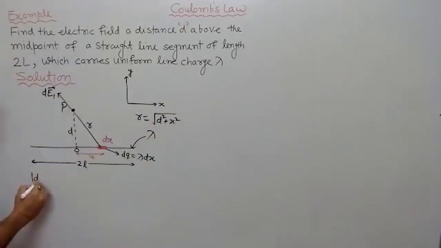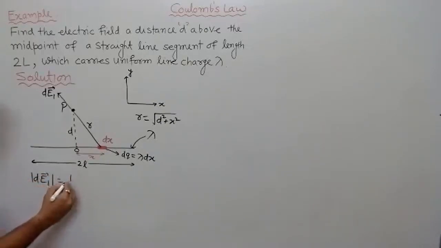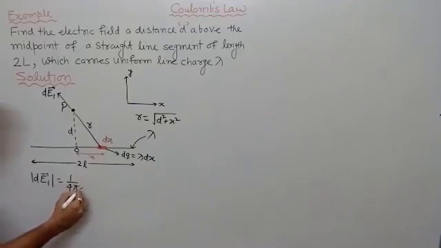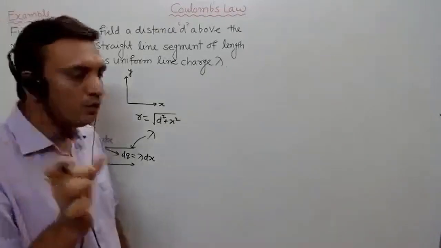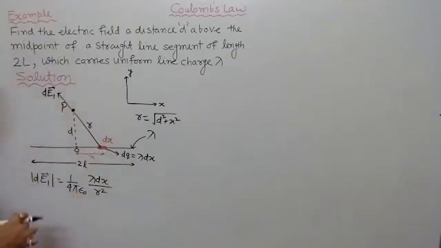So what will be the magnitude of dE1? According to Coulomb's law, it is 1 by 4 pi epsilon naught, dq is lambda dx, by small r square. That is the field due to elemental length dx.